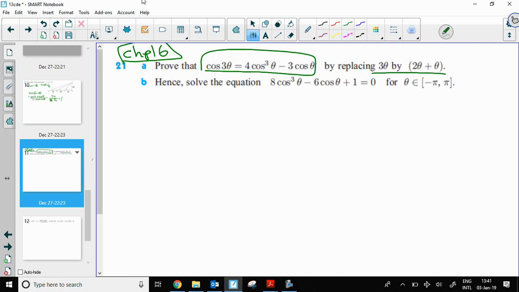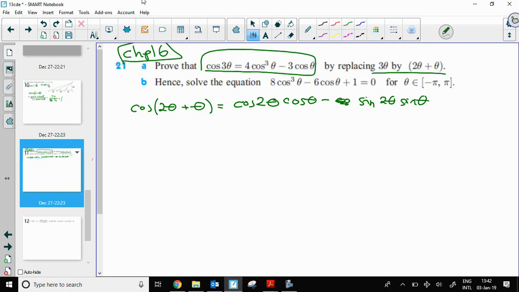So that means that we can use our compound angle formula. This is going to be cosine of 2 theta plus 1 theta. So cosine of a plus b, I should say, is going to be equal to the cosine of 2 theta times the cosine of 1 theta minus the sine of 2 theta times the sine of 1 theta.